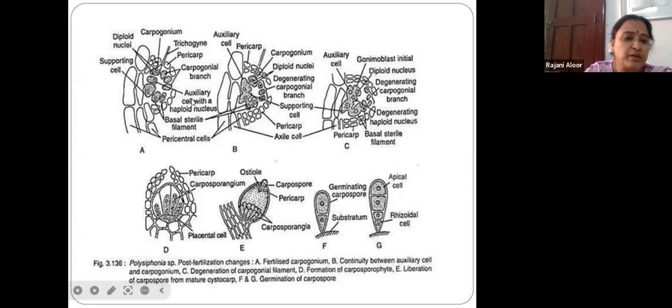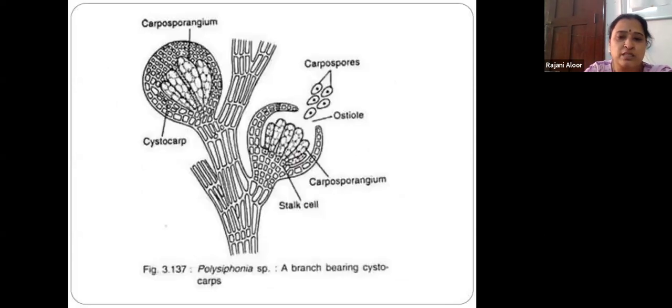This carpogonium is the most important for the post-fertilization stages. Many vegetative filaments are also produced at the carpogonium site. During this development, this one is the carposporophyte, which produces the fruiting body.